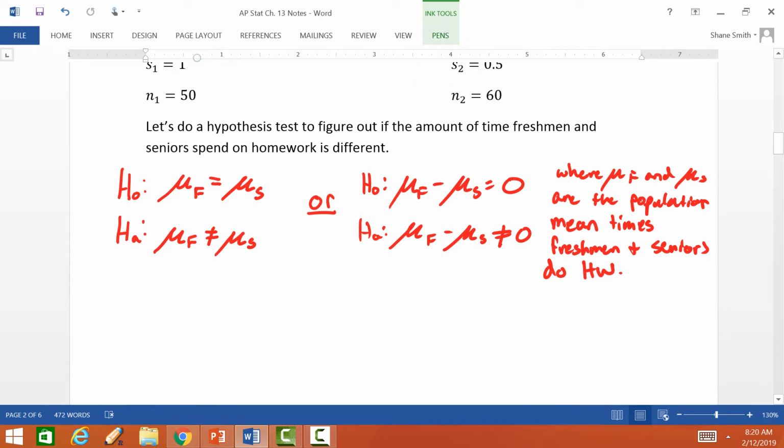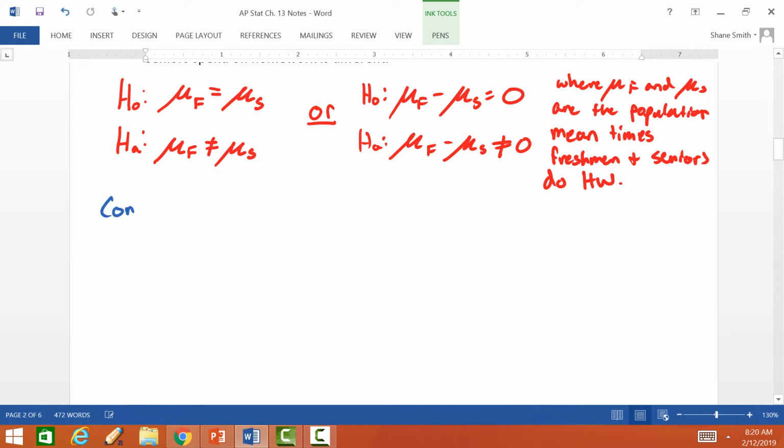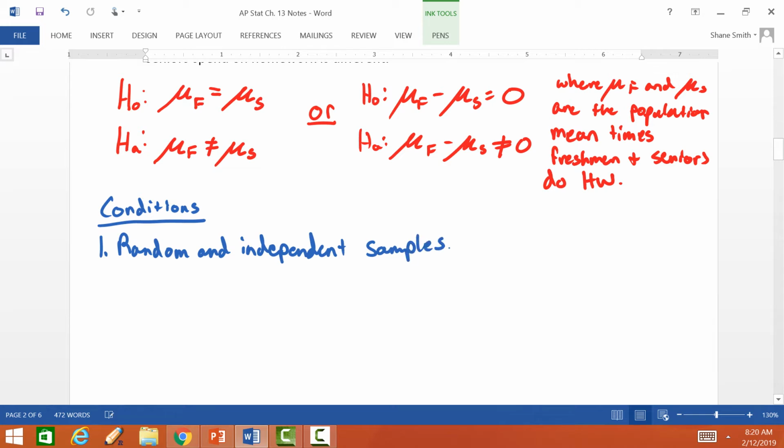And as with every hypothesis test, we are going to do conditions. Because we have two samples now, we have to make sure we have random and independent samples. And also, the sampling distribution. In this case, your sampling distribution is the difference between the statistics.